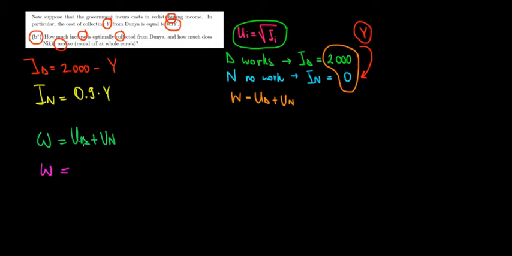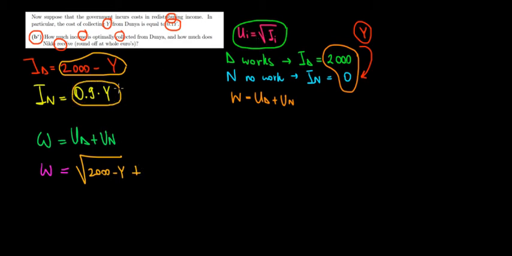Well, it will look like this: the square root of the income of Dunya, which is 2,000 minus Y, plus the utility of Nikki, which is the square root of the income of Nikki, which is 0.9 times Y. So the square root of 0.9 times Y.